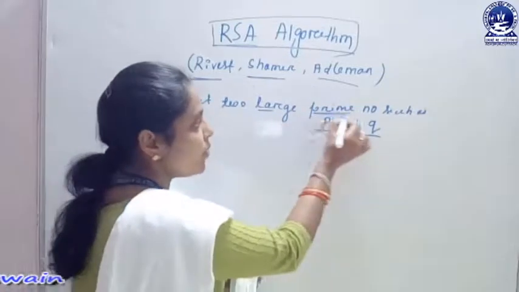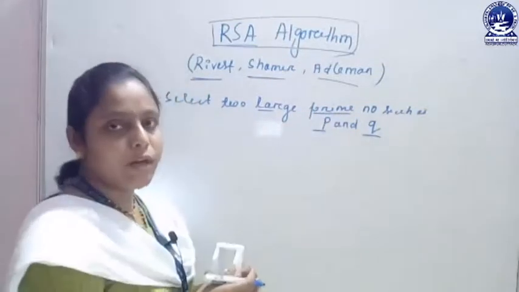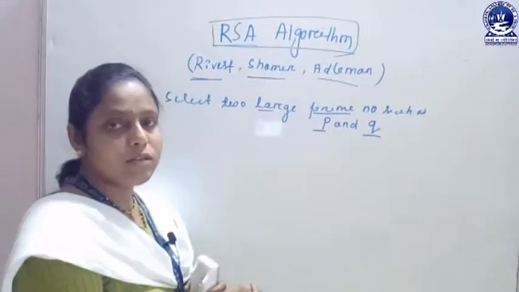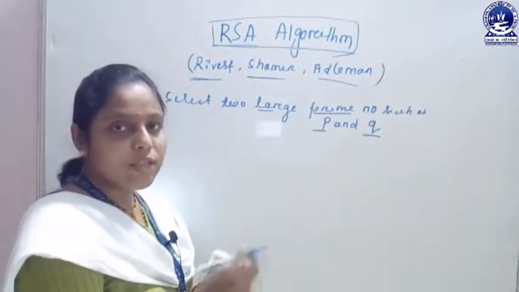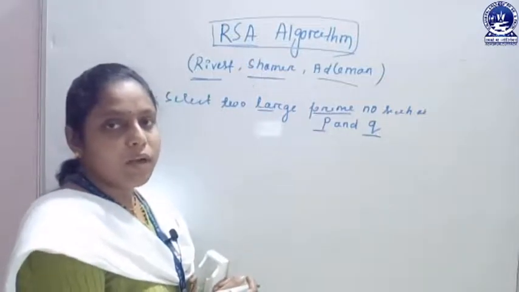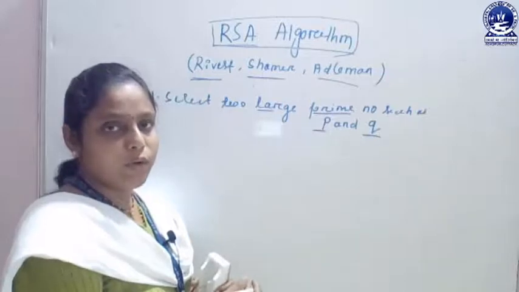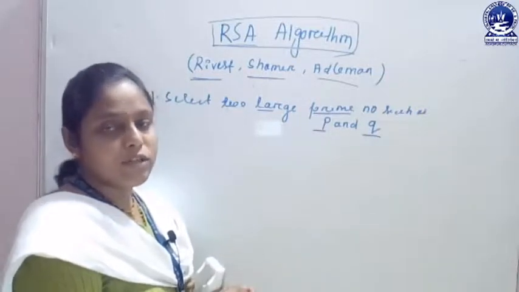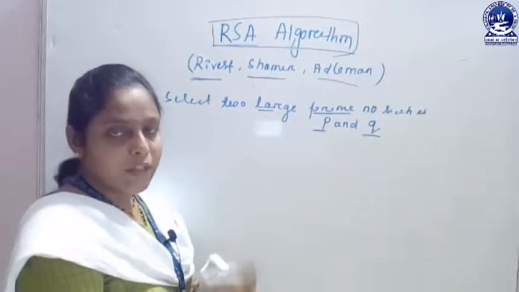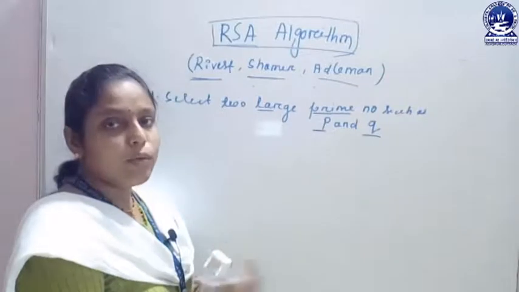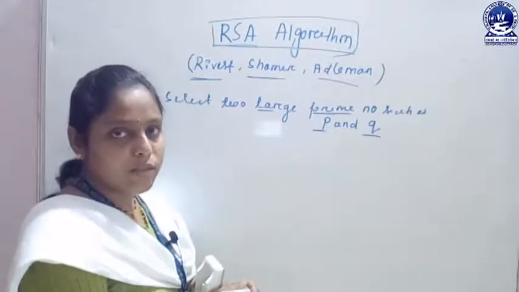This large prime number is very important because it always provides better security. When we take a large prime number, it gives us more security. If you take a small prime number, it gives us less security, so it is always beneficial to take large prime numbers.